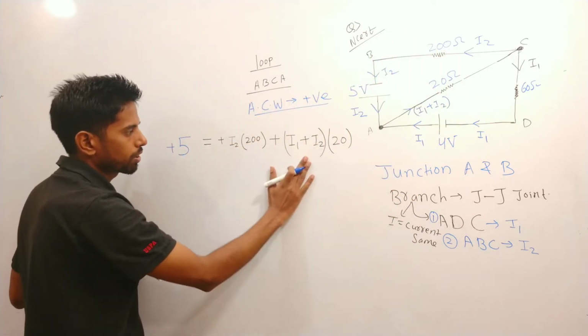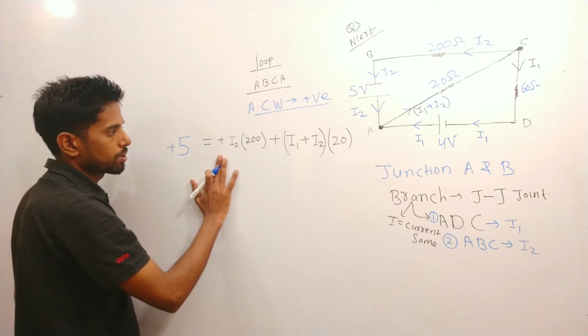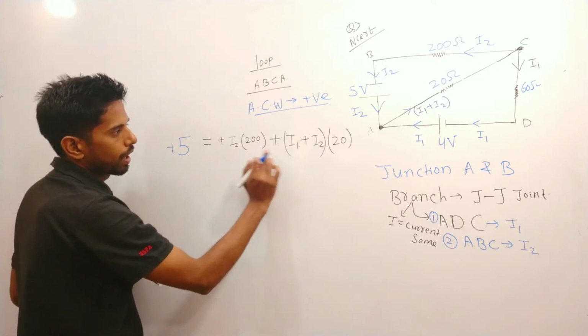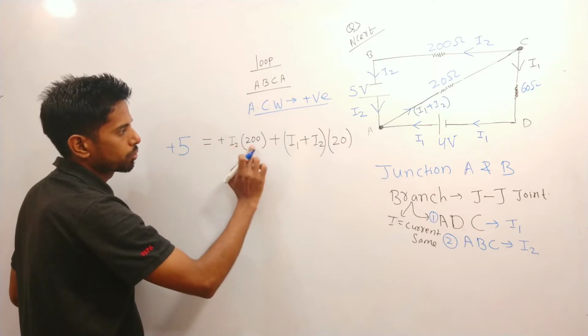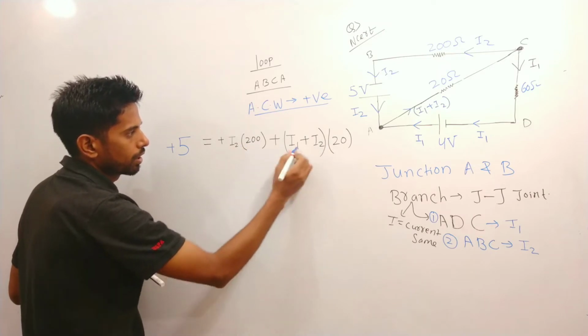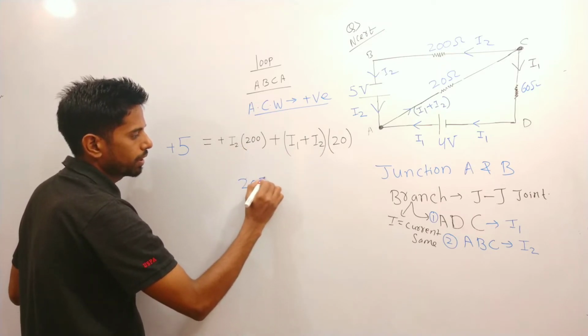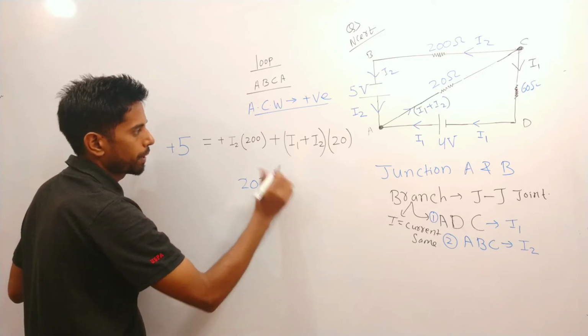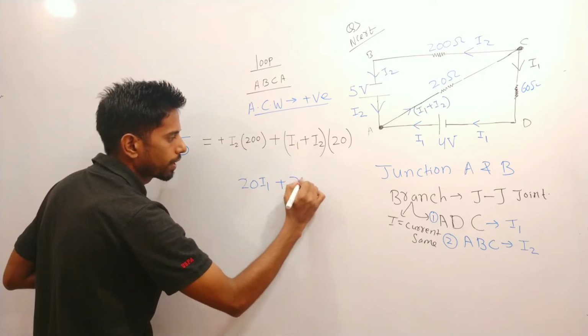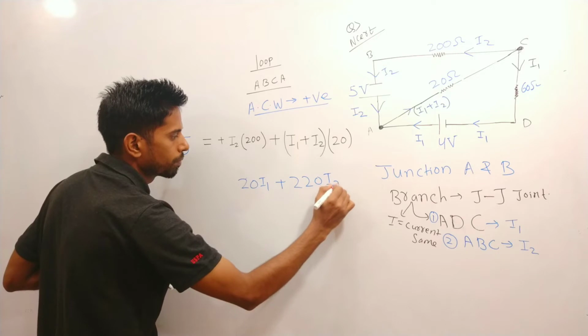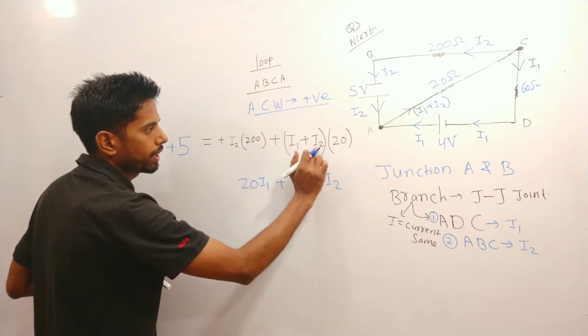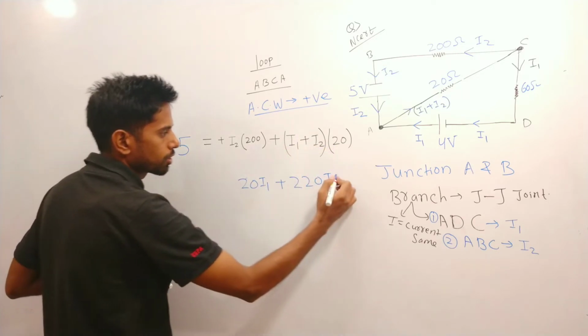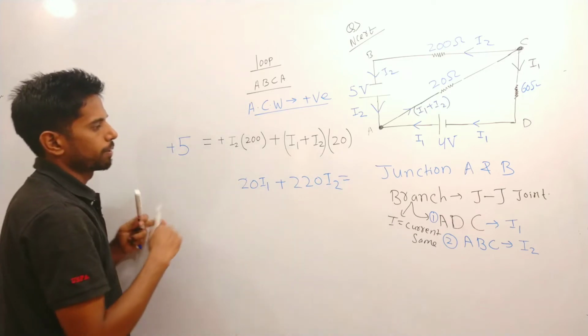So the first equation is 20 I2 plus 200, that is 20 I1 if we solve this, plus 220 I2, this is equal to 5.